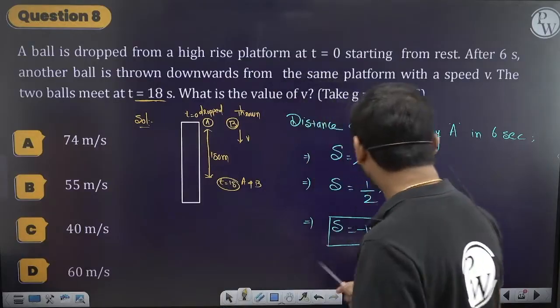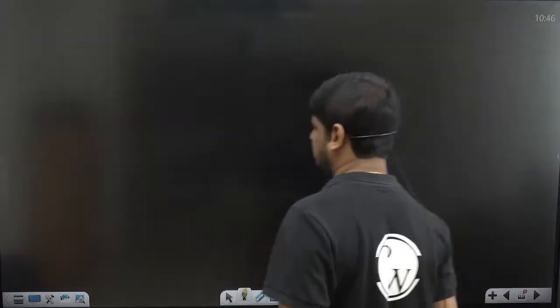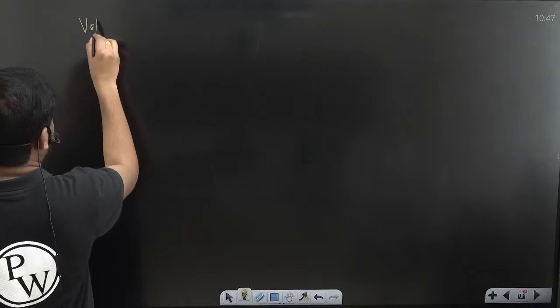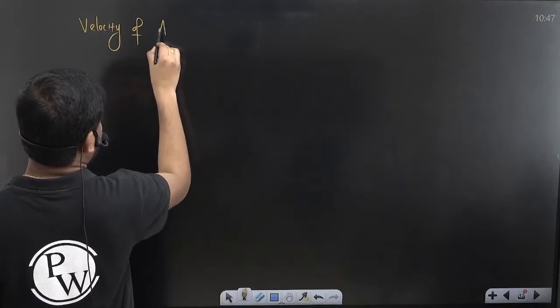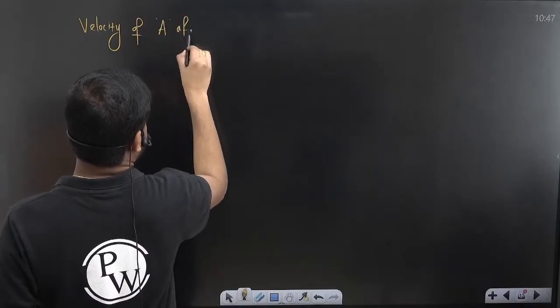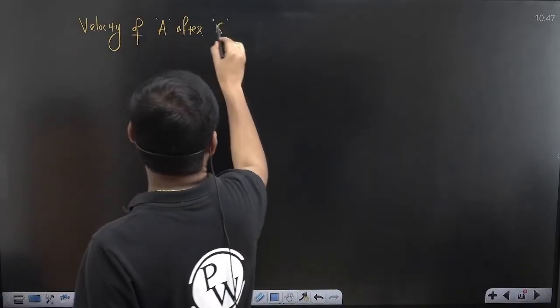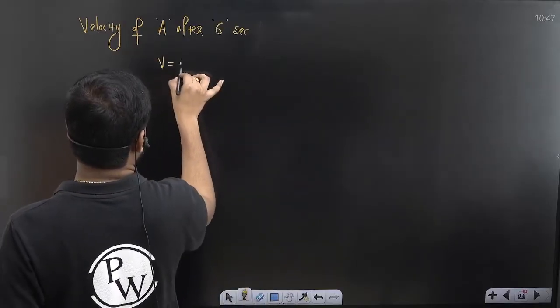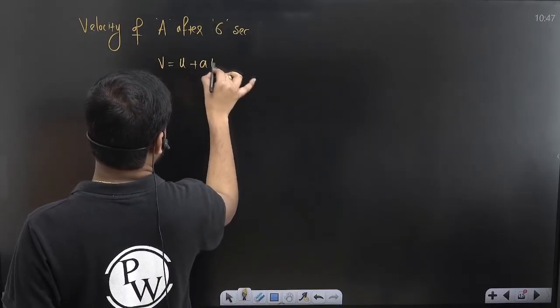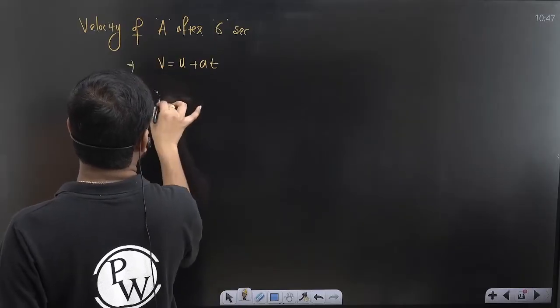So can we find the velocity? See here, what is the velocity of ball A after 6 seconds of fall? You can write v = u + at. Its initial velocity is 0.